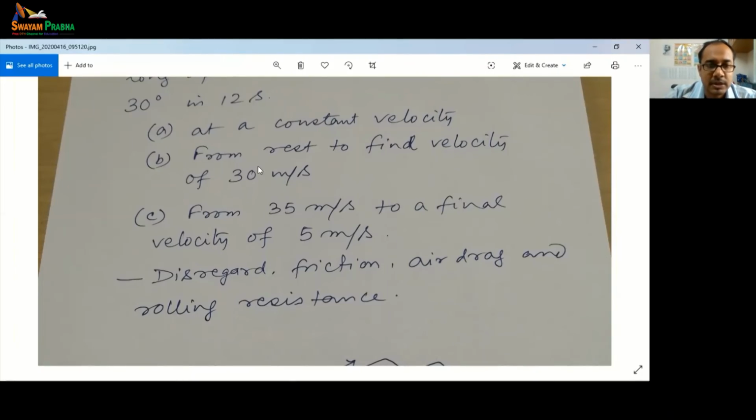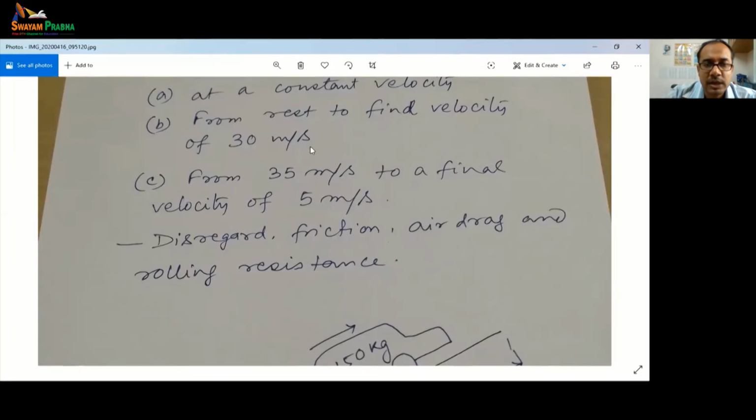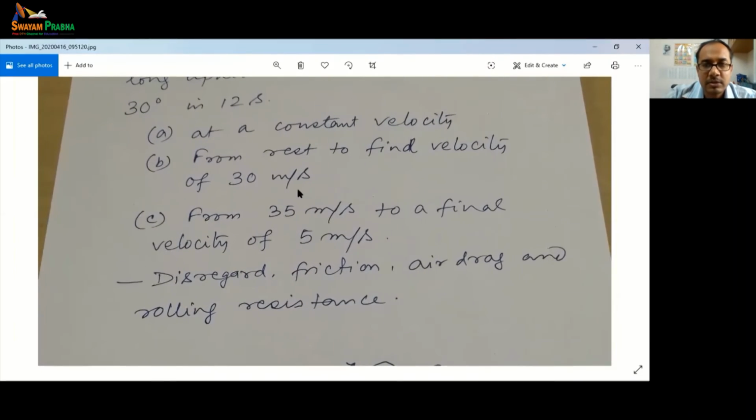And case C, we consider when the speed comes down from 30 meters per second to a final velocity of 5 meters per second. So basically one is at constant velocity, the second is when the car is accelerating against gravity, and the third is when the car is decelerating.